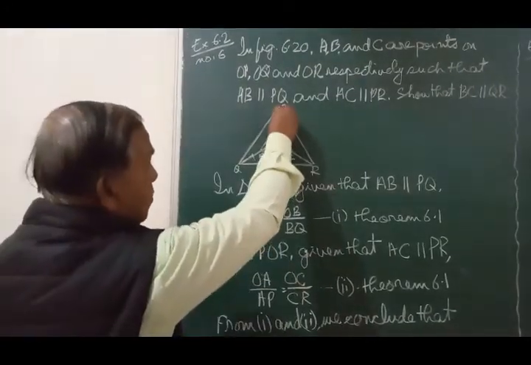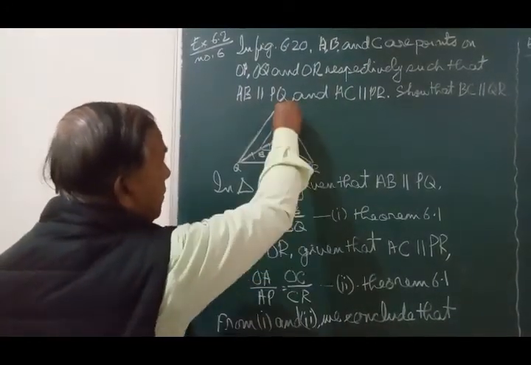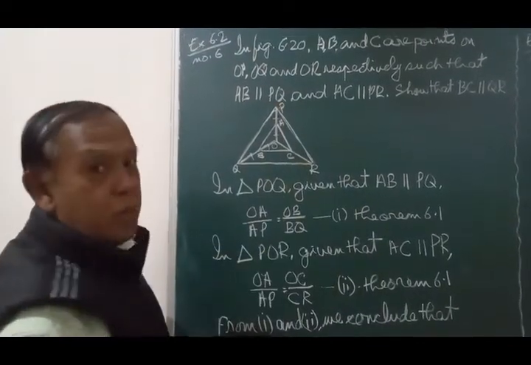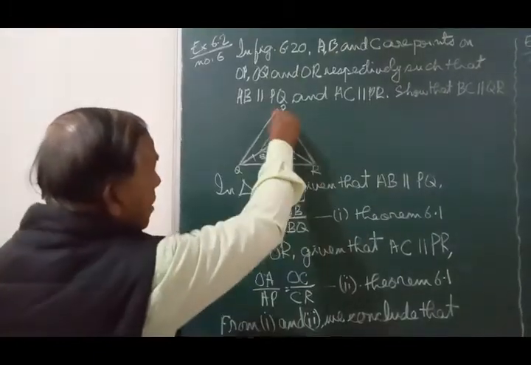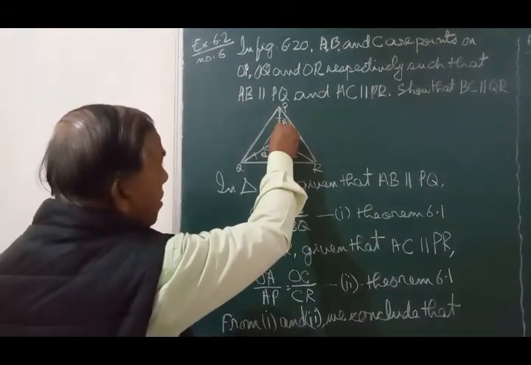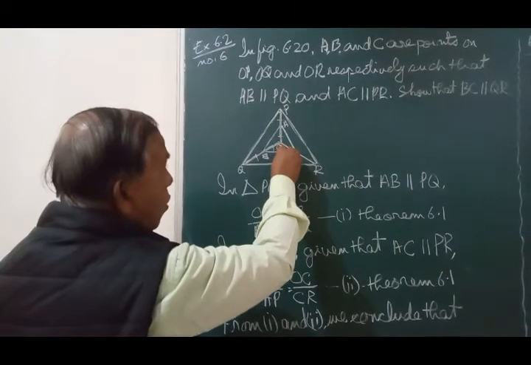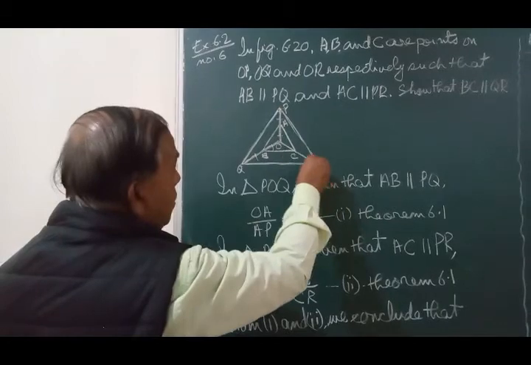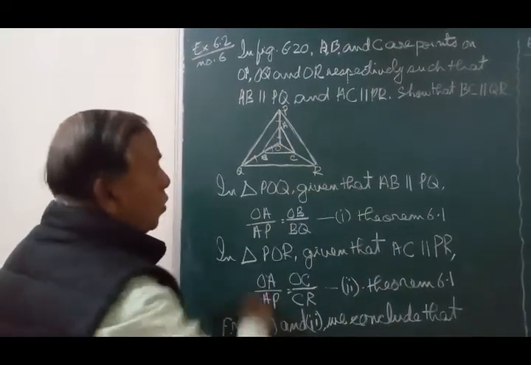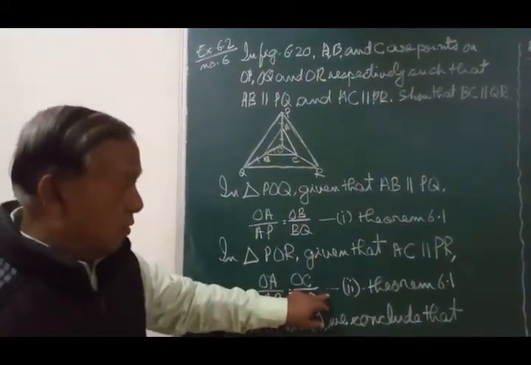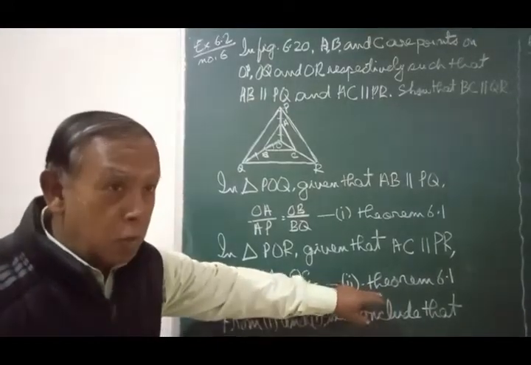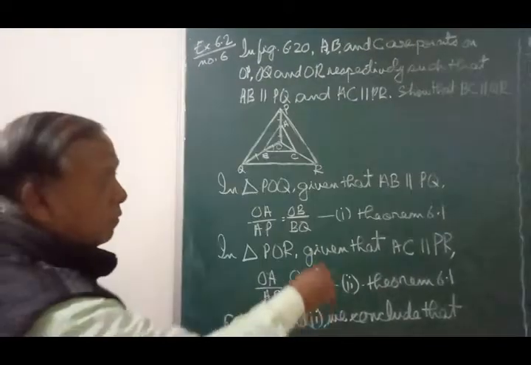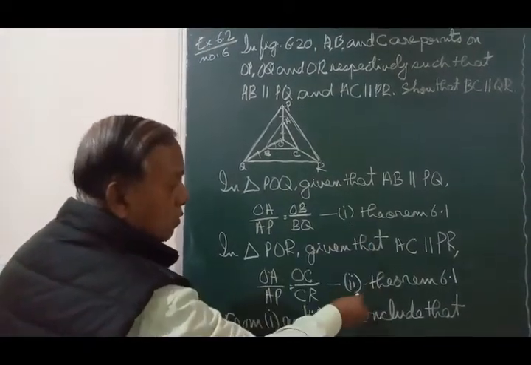Second, POR, second triangle. AC is parallel to PR and therefore again OA upon AP is equal to OC upon CR. That is, we have again according to theorem 6.1. If the lines are parallel, the sides are in the proper ratio. So we have first conclusion, second conclusion.